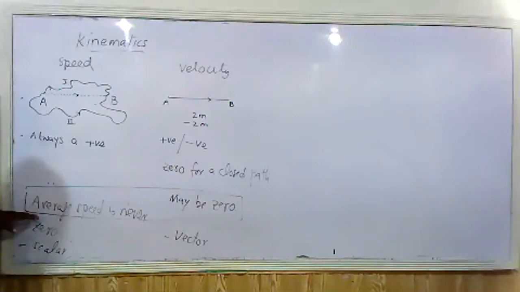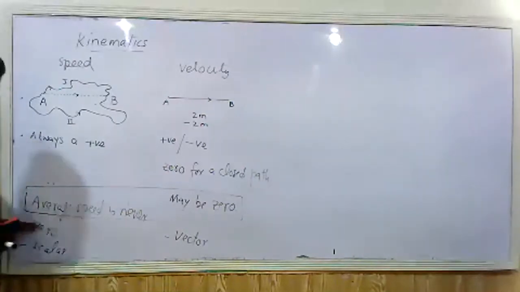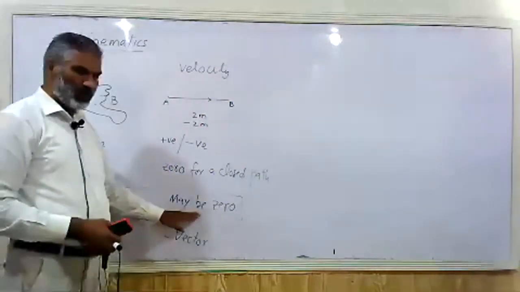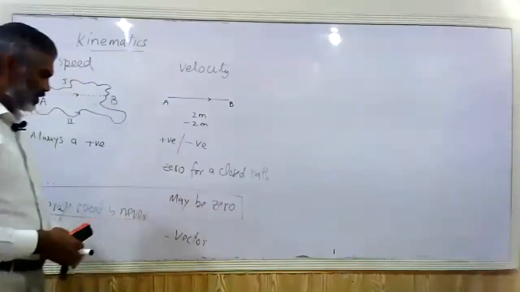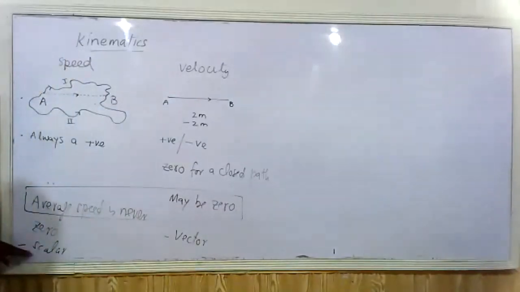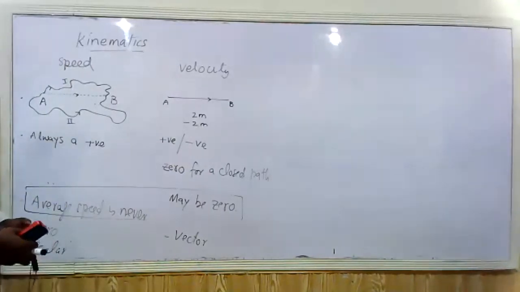However, average velocity may be zero when you move in a closed path. And the last thing is the same as for distance and displacement: speed is scalar, velocity is vector.